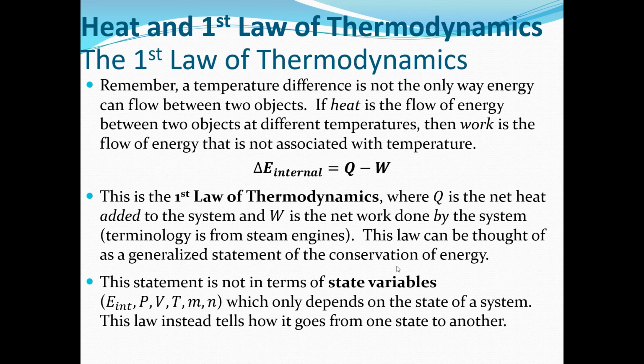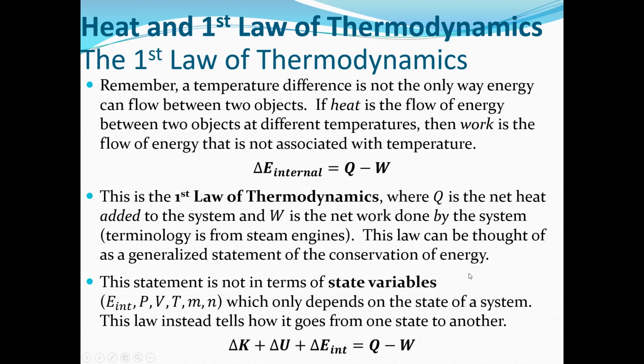While we know that the work being done on or by the system is based off of the expansion and contraction of the gas, we don't have any equation that's talking about that. Those are what we call state variables. This is not dealing with that, but it is dealing with how we go from one state to another.